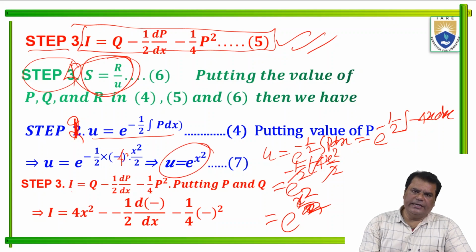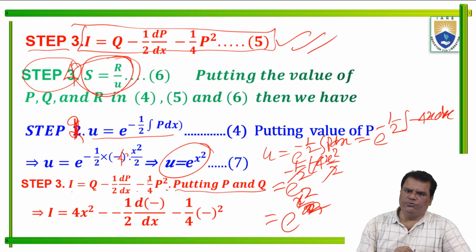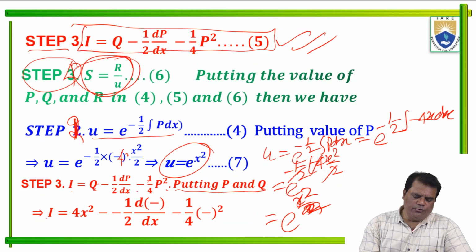Now next, I equal to q minus half dp over dx minus 1 by 4 p squared. Putting the values of p and q. So I equal to q; what is q?